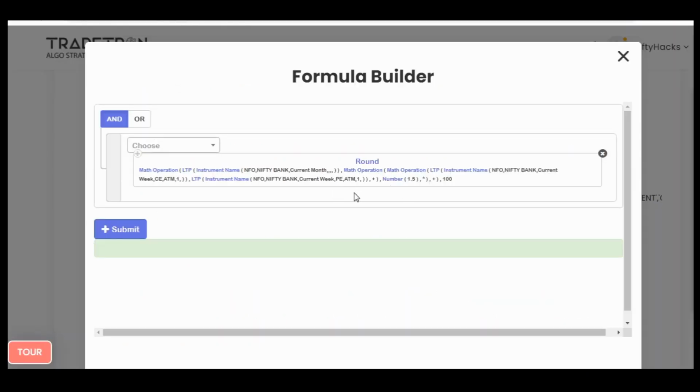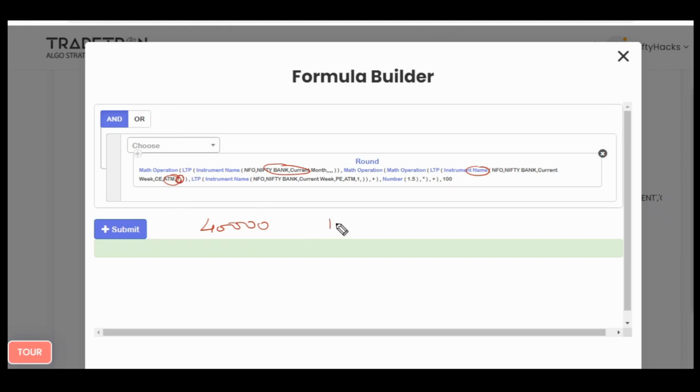So I am not planning to go into detail explaining this, but I will tell in short. Suppose this is for future price, current price. So suppose currently the future is trading at 40,000, and this is the LTP of next week ATM call price.